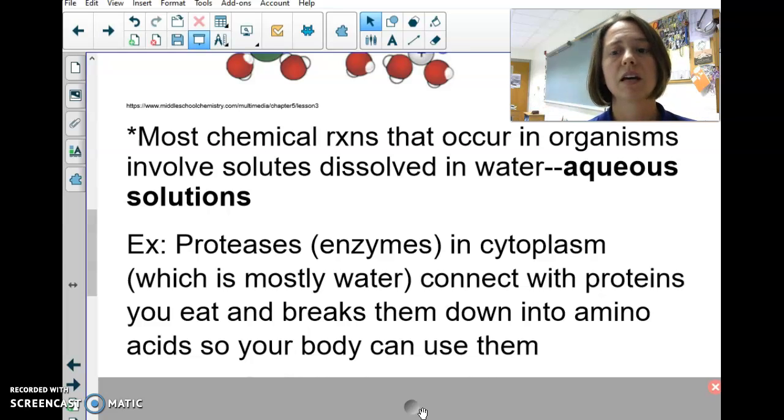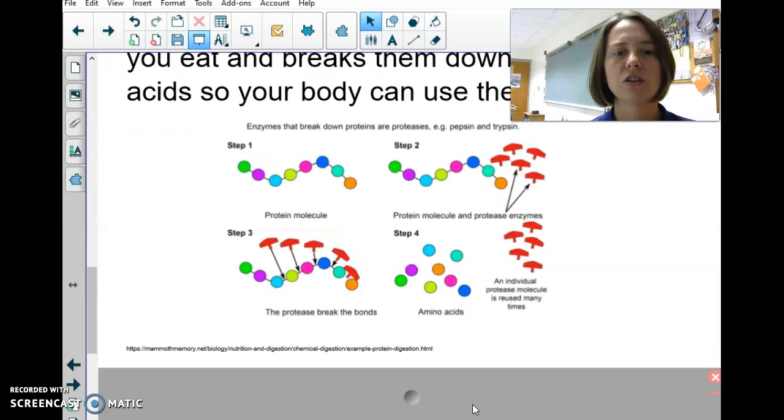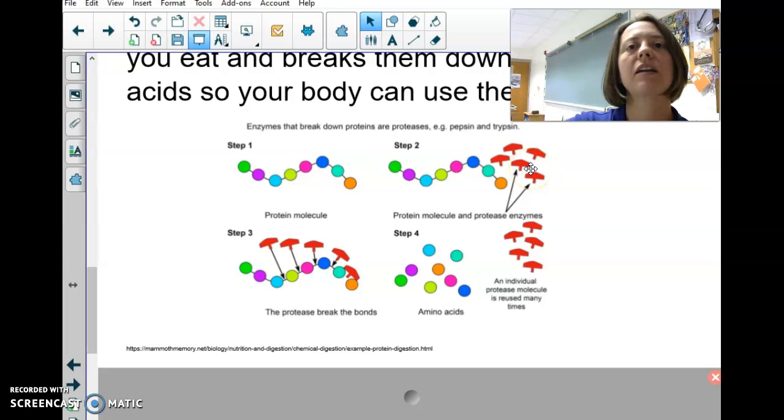Maybe it needs amino acids to make some myosin fibers to make a new muscle, since you're working out so much and building muscle, or whatever it is that your body needs. Let's take a look at a picture. You have a protein molecule that you ate, and then you have these proteases, which are enzymes, which you know are their own protein, that break down something.